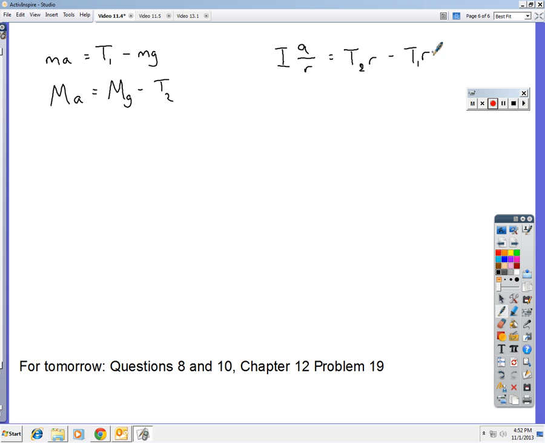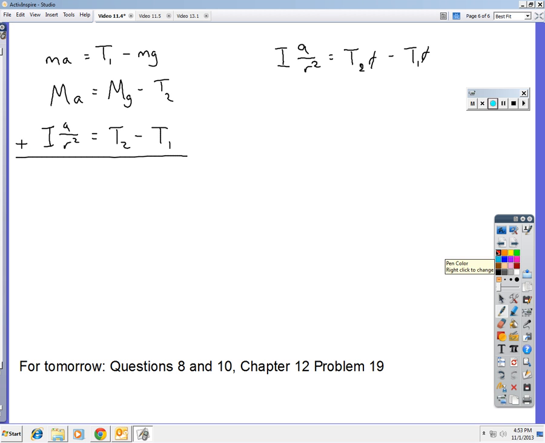And I'll divide this entire equation by R to get rid of that, and move it over here. So we have I A over R squared equals T2 minus T1. And we have a system of three equations, which is a huge pain normally.